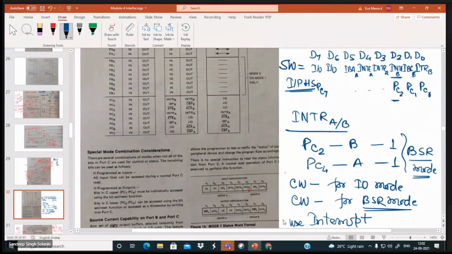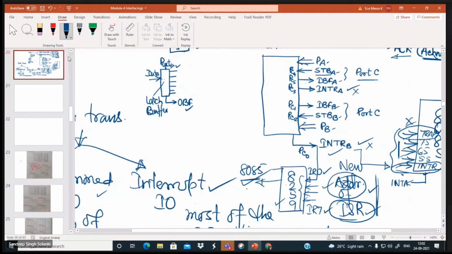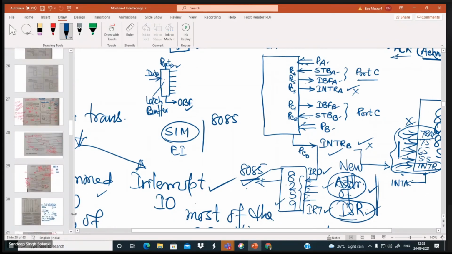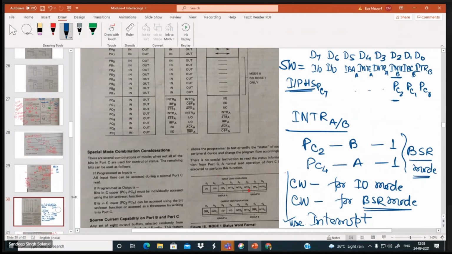And also in 8085, you have to make it so that the interrupt you have decided here, based on that, you have to use SIM. Clear? And then EI. This is to be done in 8085, and that is to be done for your 8255.